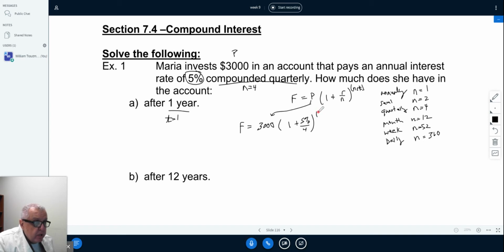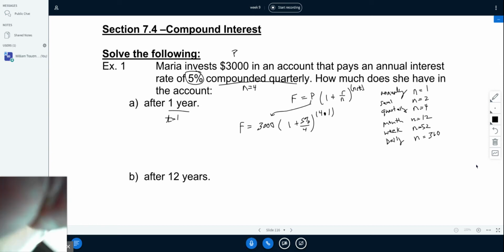Raised to a power, N is 4, and the time is 1 year. So this is 4 times 1, not 4.1. I'm going to put that in my calculator now. You want to put it in the calculator exactly as you see it, and really practice this because many people in the actual class have gotten this wrong.